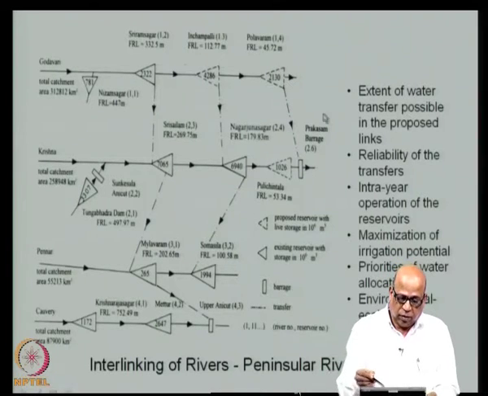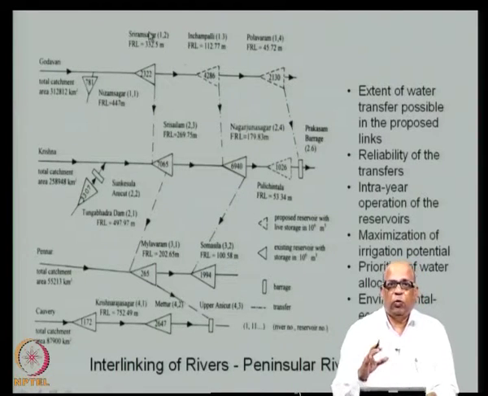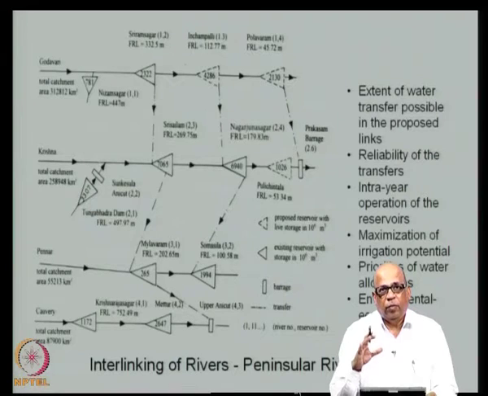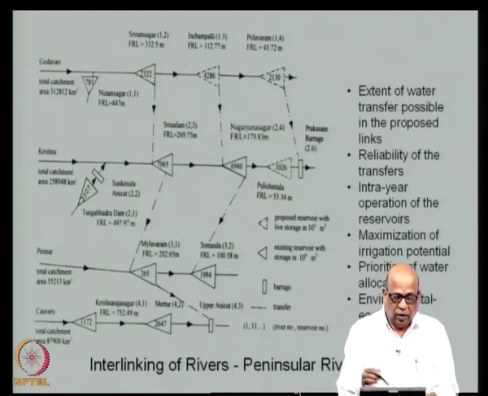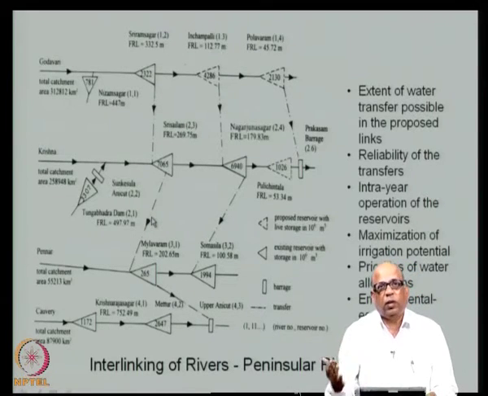So, this system has to be looked at as an integrated whole system, and then you analyze where the water is flowing from period to period, what level of storage fluctuations are taking place, what level of demands you are able to meet, what level of hydropower that you are able to generate, and so on.